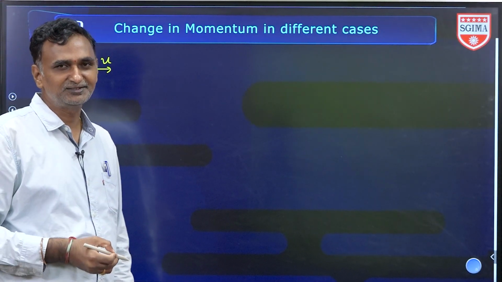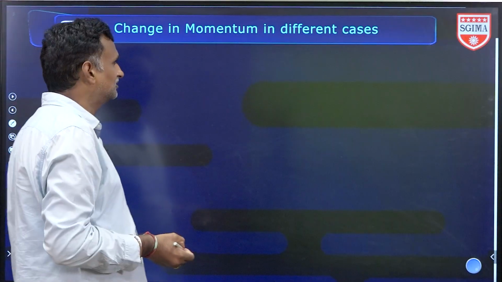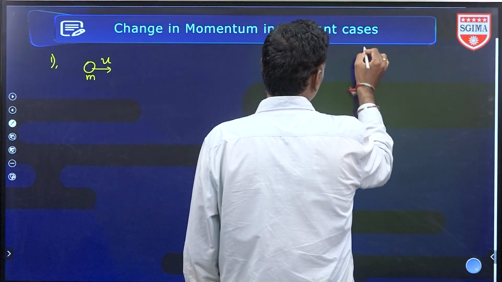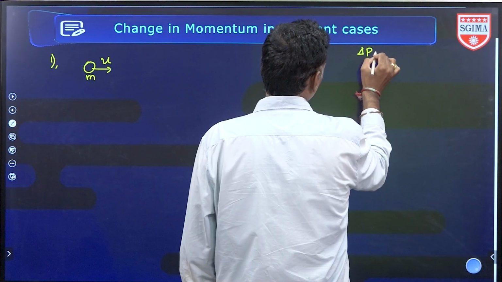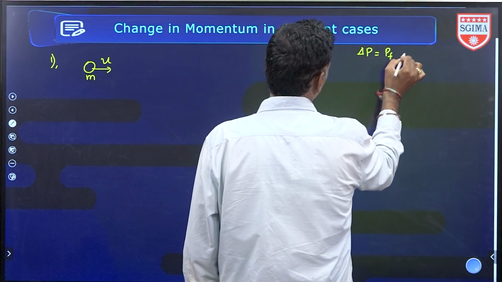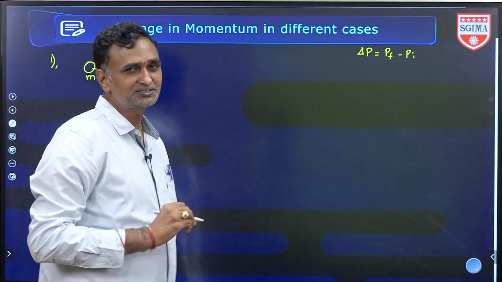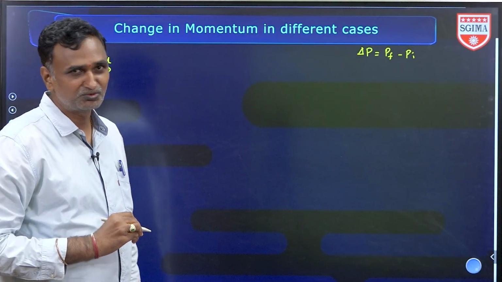Momentum is nothing but mass into velocity. Now I need to explain change in momentum first. I am taking change in momentum as delta p equals p final minus p initial, that is, final momentum minus initial momentum.